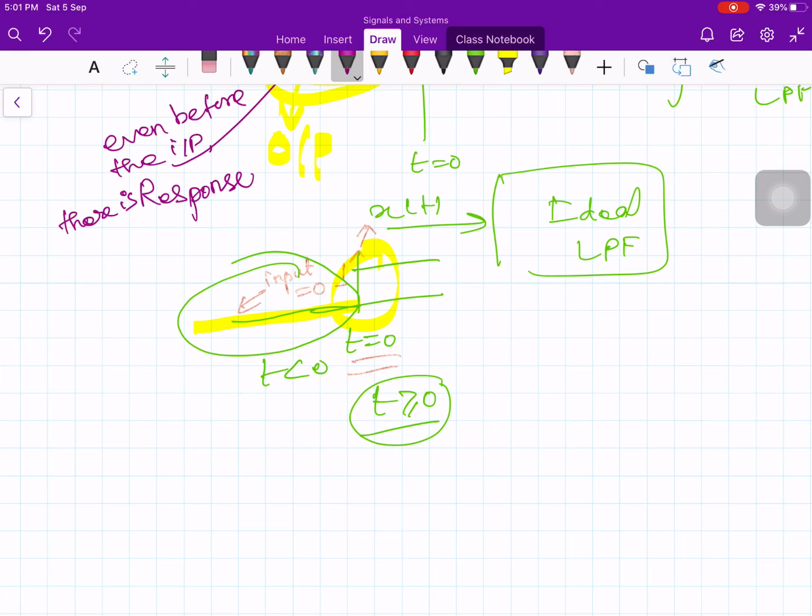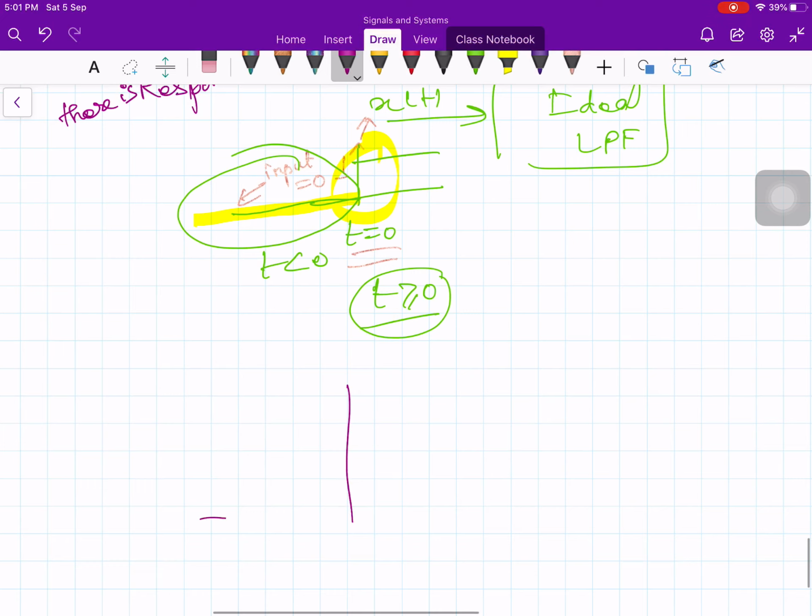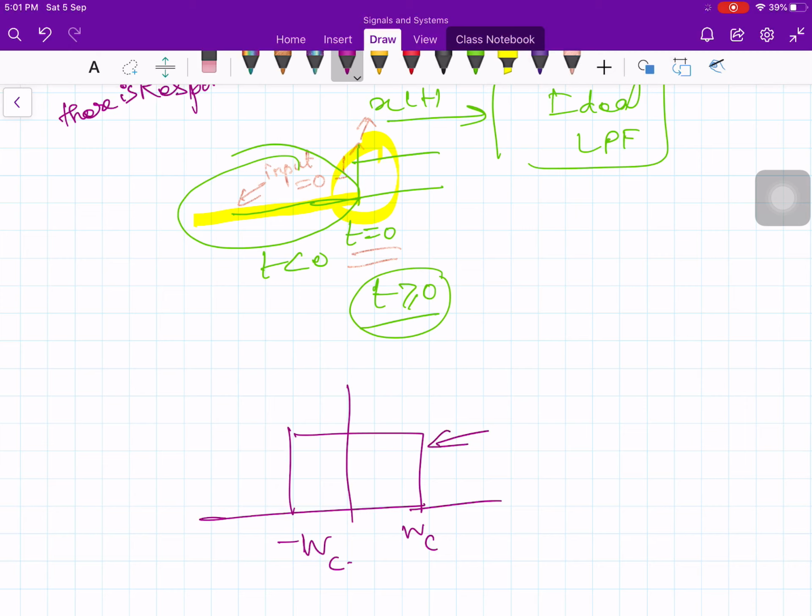And therefore, an ideal low pass filter that we are talking about here, with this type of characteristics, can only be approximated. It can never be realized. If you have this kind of characteristics, it can be approximated. Approximately you can realize it, but exactly you cannot realize it. That's what we mean.